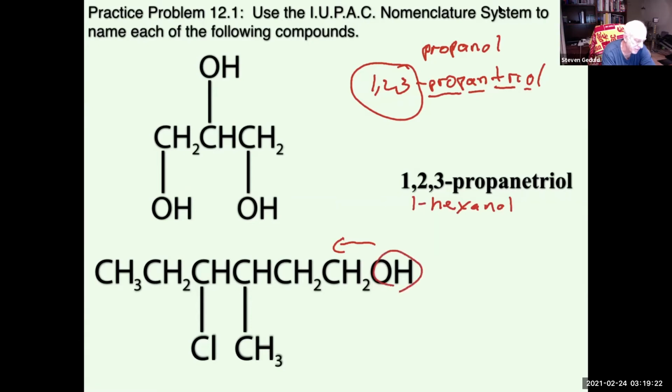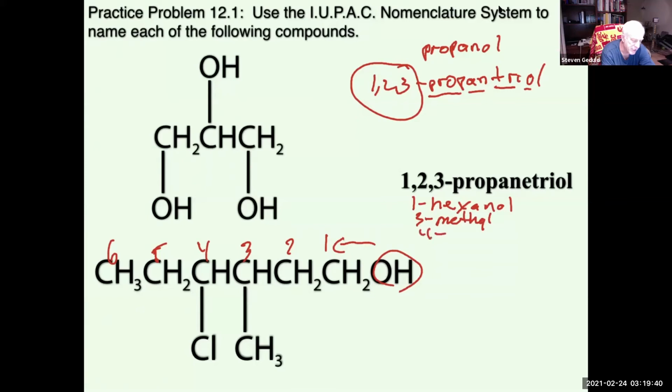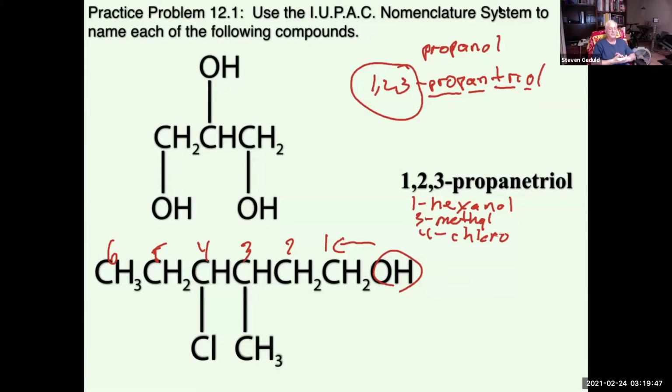Then we have attachments on this. We have number 1, 2, 3, 4, 5, 6. At 3, what kind of attachment do we have? Methyl. At number 4, what attachment do we have? Chloro. And you put it together. What comes first in this name?